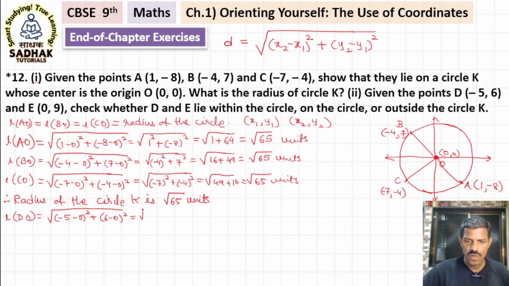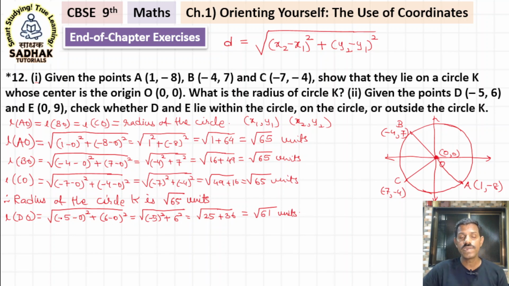So (-5) square is 25 plus 6 square is 36. That gives us 61. So square root of 61 units. That is the value of distance DO.